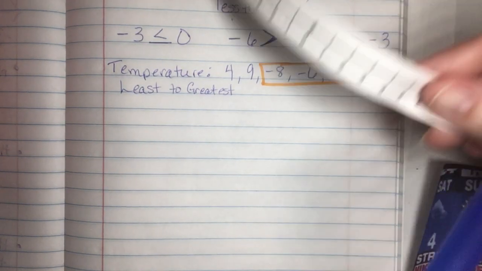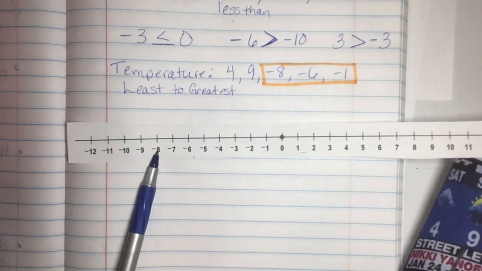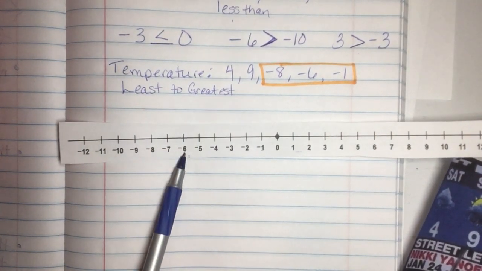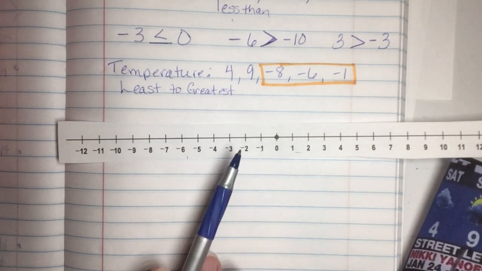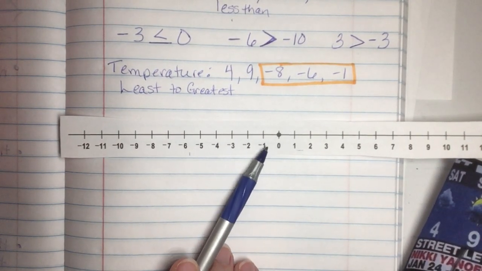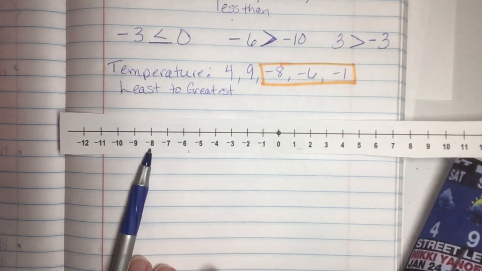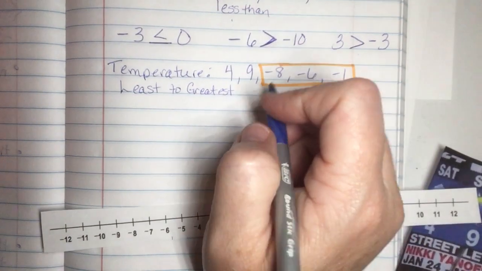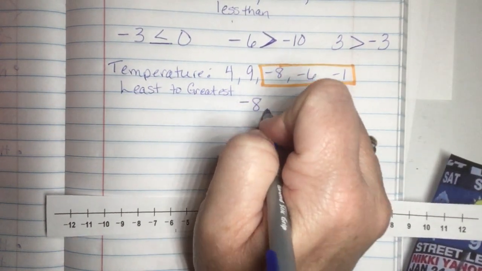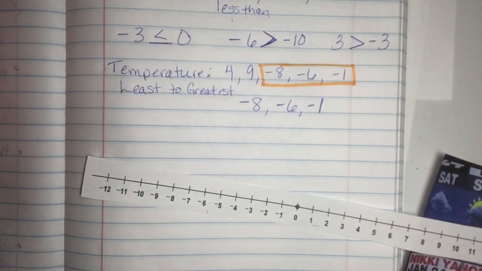So think about your number line. -8 has the most negatives, then -6, and then -1. Negative 1 is closest to 0, so it's going to be the biggest. Then negative 6 is the next closest. And then negative 8, so that means negative 8 is the smallest. So negative 8 is the smallest, then negative 6, then negative 1.